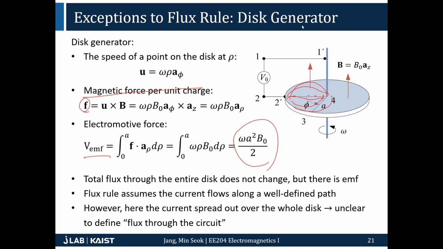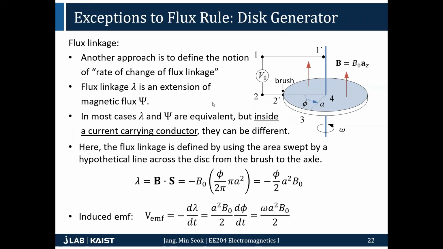The other way is this: you define the flux linkage, which is not exactly B dot dS, because S is ill-defined in this case. There's no definition of surface area here, and not everyone agrees upon a single definition.